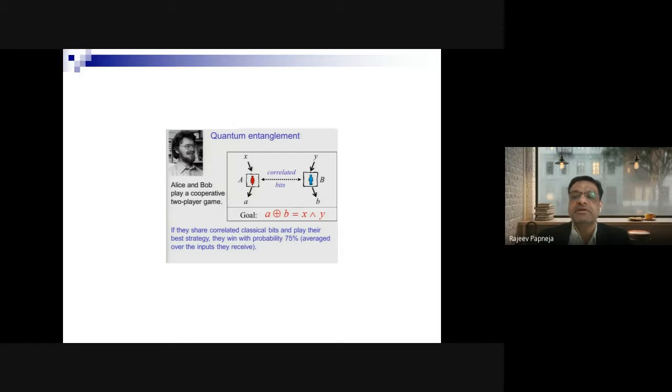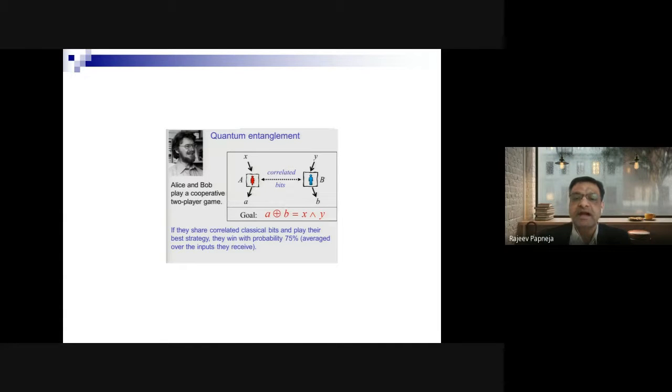Alice and Bob each receive inputs, and based on their inputs, they have to produce outputs that are correlated in a certain way that depends on the inputs they receive.